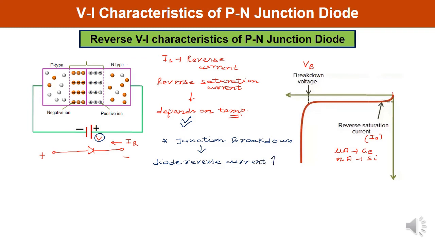The applied reverse bias voltage at which this occurs is known as the breakdown voltage of the diode.